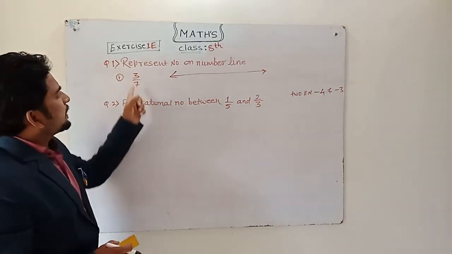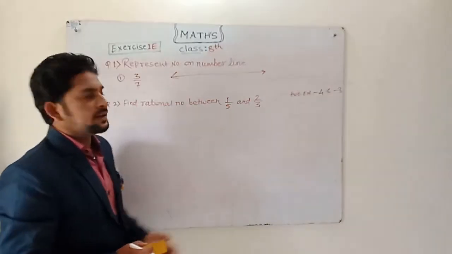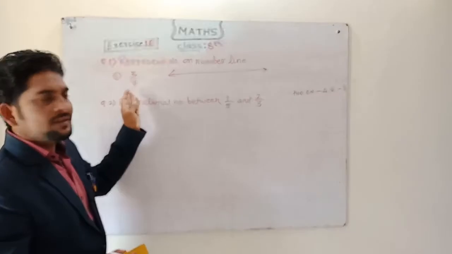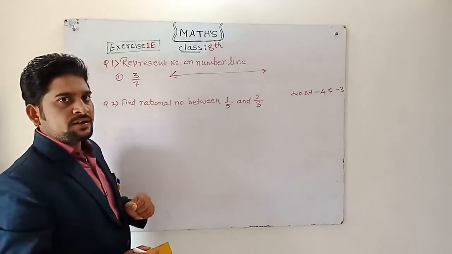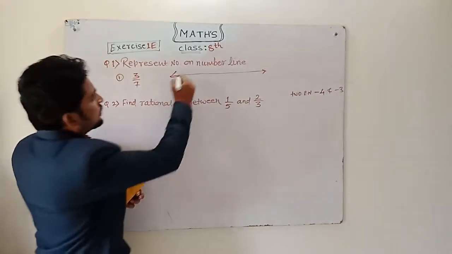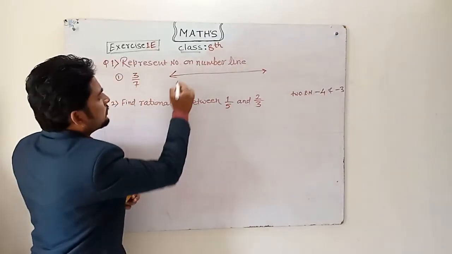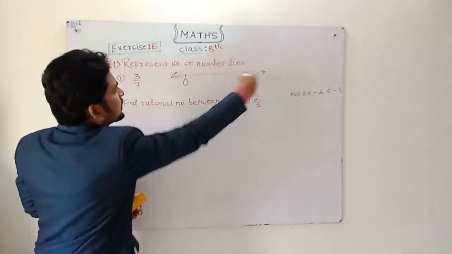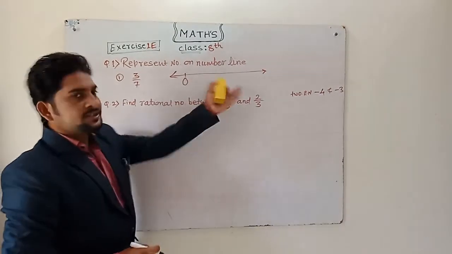So 3 by 7 I have to put on this number line. Is 3 by 7 a negative or a positive rational number? Obviously it is positive, no minus sign is there. So it will come on the right side of the 0. I'll put 0 here, no problem.